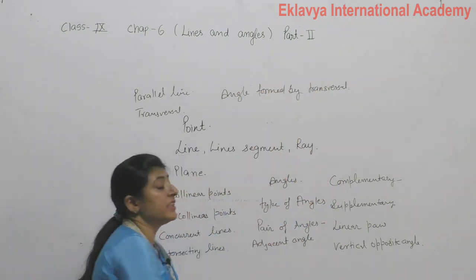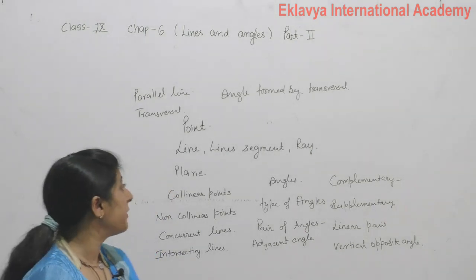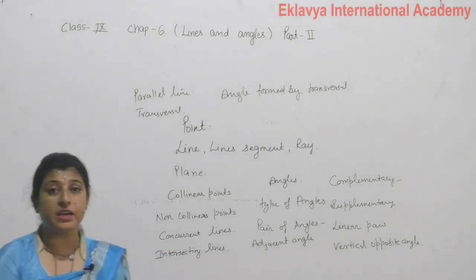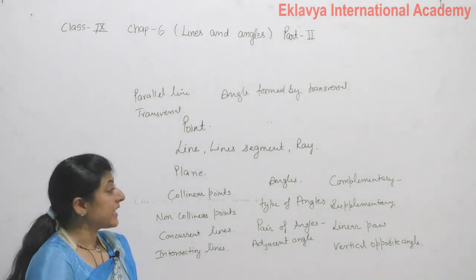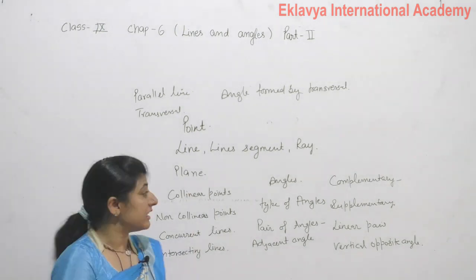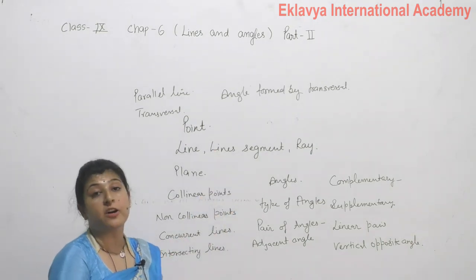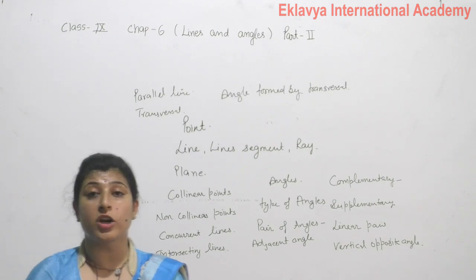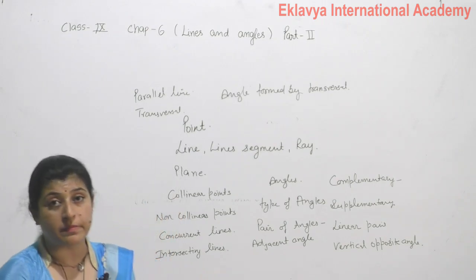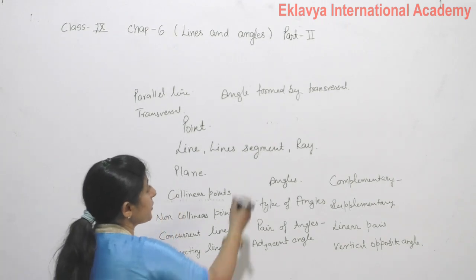Till now, these are all the basic terms and definitions in this chapter, and we should be clear, or crystal clear, about all these definitions. Then we can proceed to our questions or our theorems. Axioms you also studied.